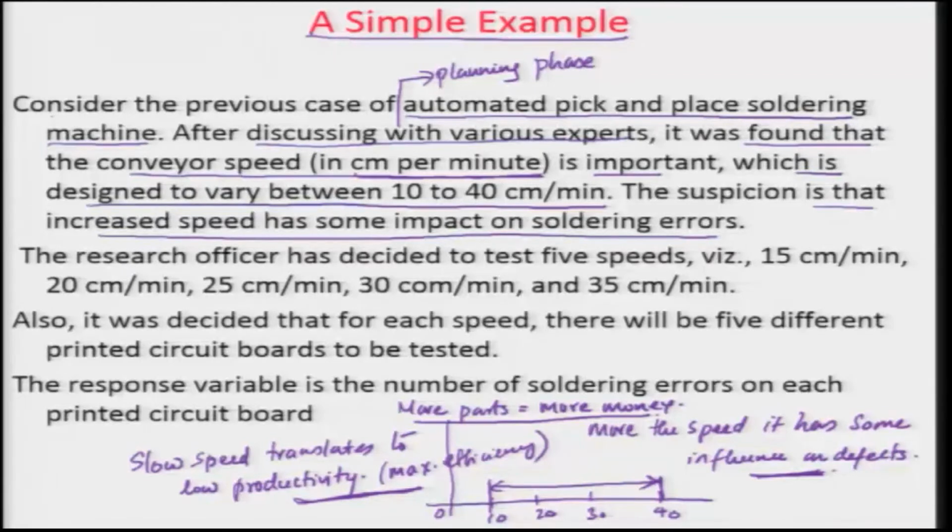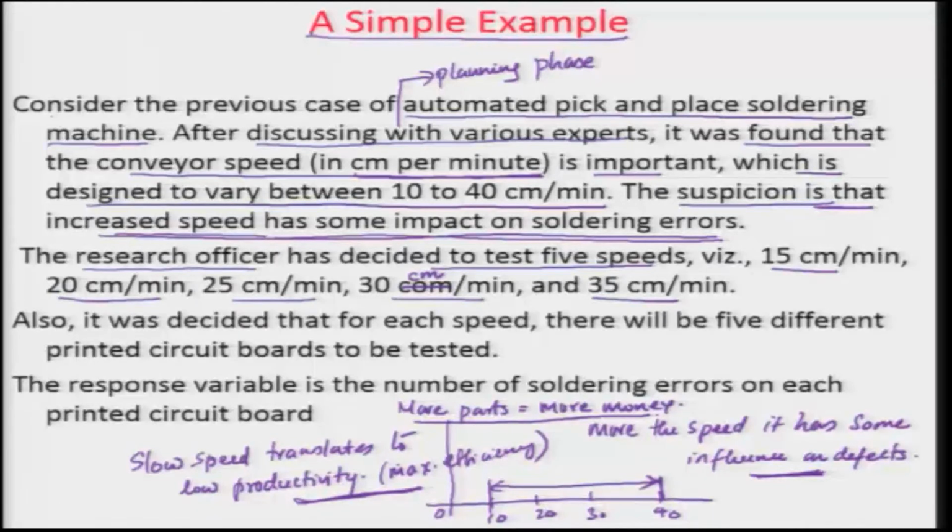Okay. So, there is a suspicion that the increased speed somehow impacts the soldering errors, or that the soldering issues are somehow impacted by the increase in speed. So, the research officer, the person who is doing the research, has decided to test 5 speeds: 15 centimeters per minute, 20, 25, 30 and 35 centimeters per minute.